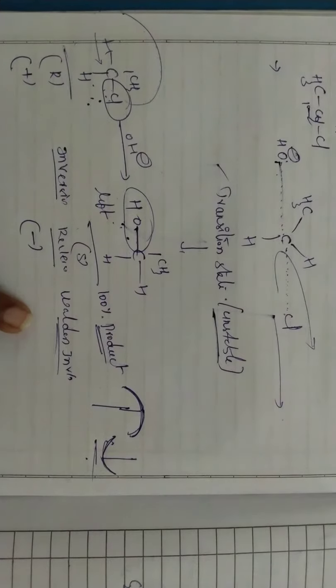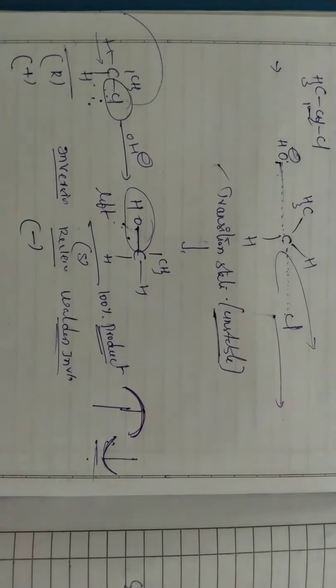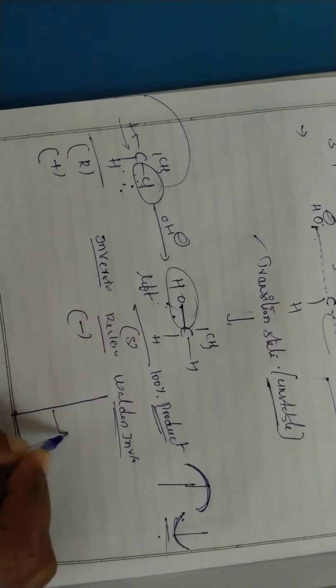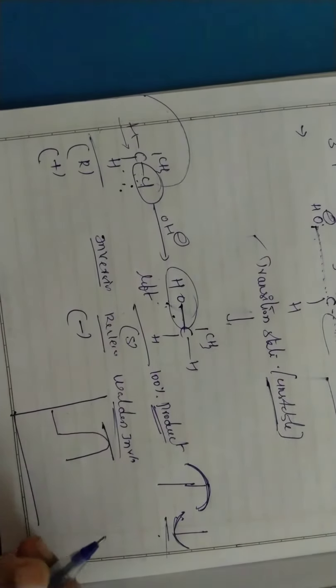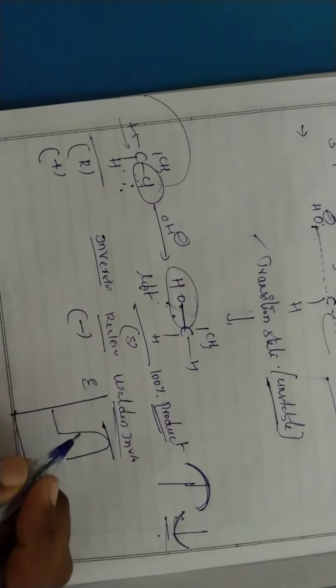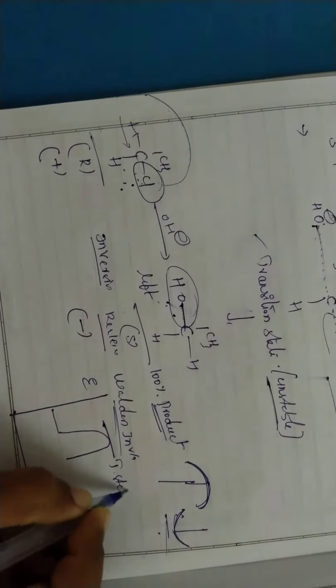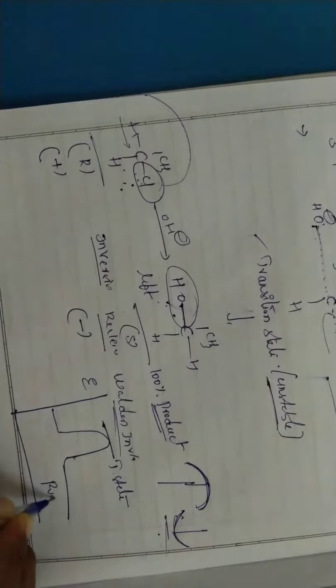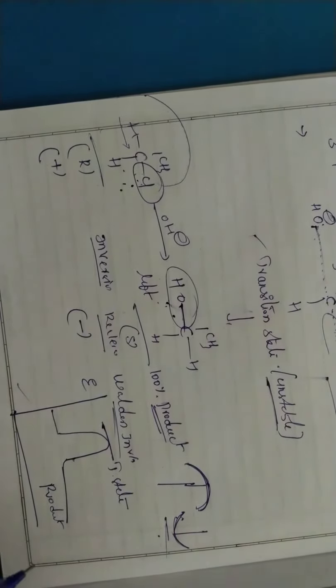This is about SN2 reaction. If you take the energy profile diagram, in SN1 we are getting the intermediate very stable, but here the intermediate, that is the transition state, is very unstable. Unstable means energy is very high. After that we are getting only one product. This is about the energy profile diagram.